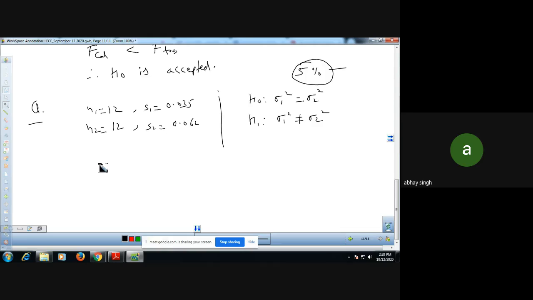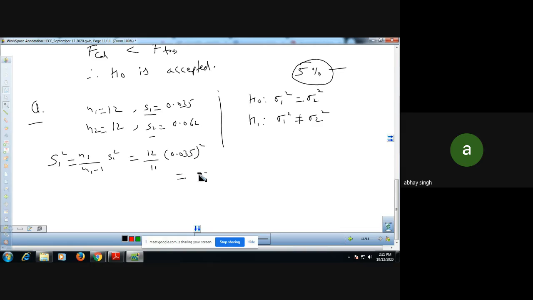But before this, we need capital S1 square. There is the formula for calculating capital S1 square. This is a new formula in which we shall use this sample standard deviation. So the formula is n1 over n1 minus 1 into S1 square, that is 12 over 11 into 0.035 square.